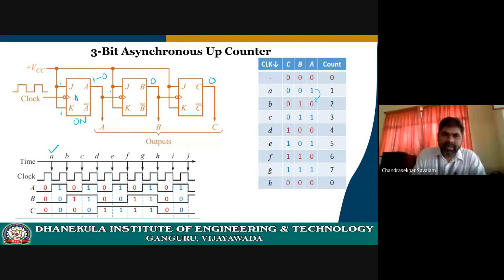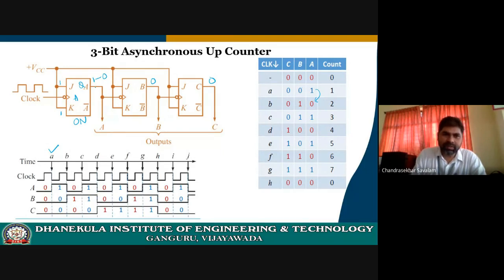Now this is the actual clock. See here, QA is directly connected as the clock for QB. So the transition is from 1 to 0. A transition from 1 to 0 looks like this. Previously this is 1, now 0.